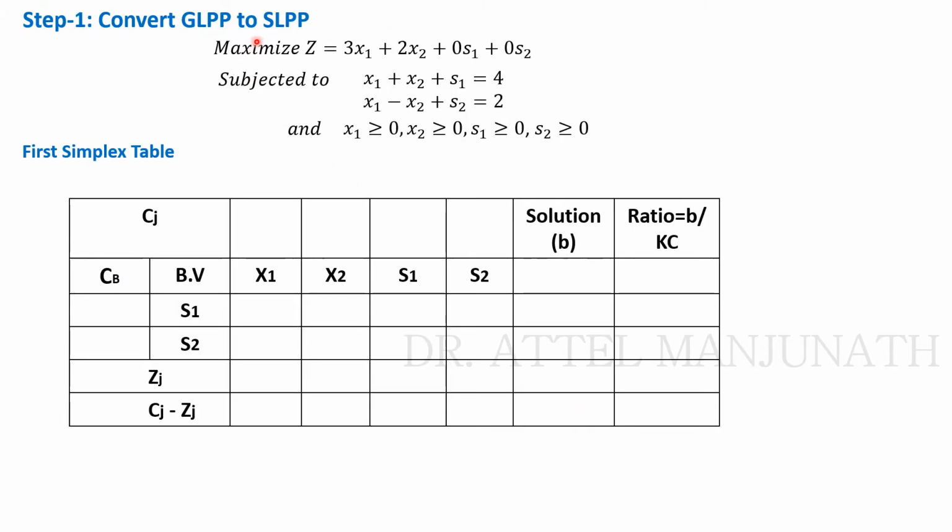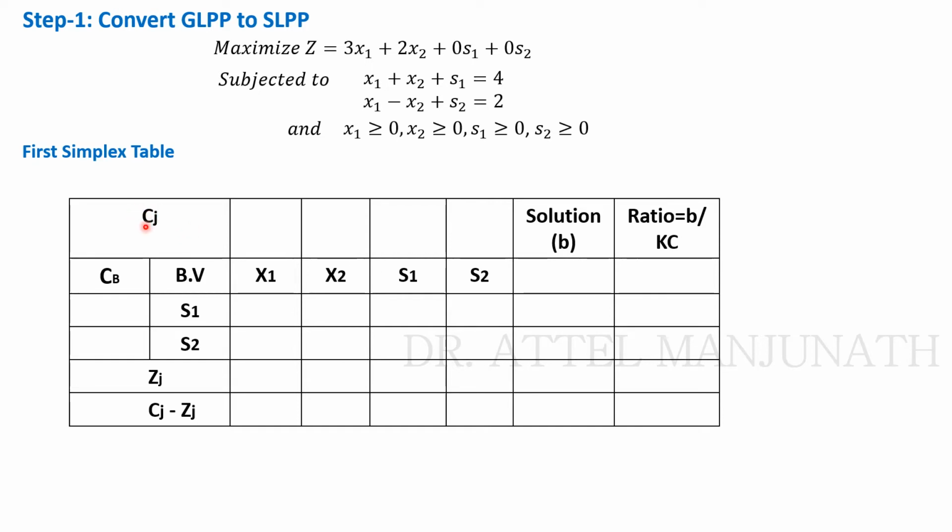Now, taking the standard linear programming equation, we need to solve by the simplex method, and we need to write the first simplex table in this form. This is the standard simplex table you need to follow for solving linear programming problems by the simplex method.